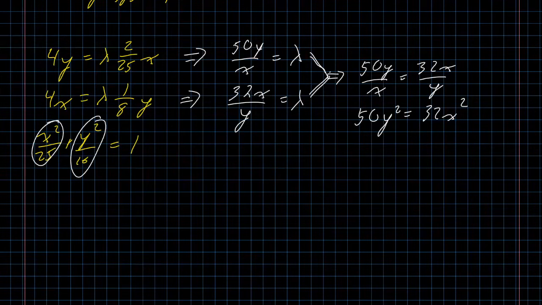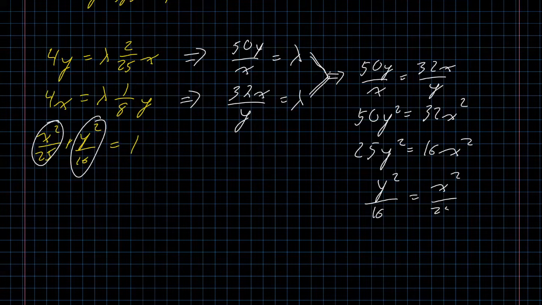If I divide both sides of this equation by both 25 and 32, notice here, divide by 2 first, actually. 25y squared is equal to 16x squared. y squared over 16 is equal to x squared over 25. The fact that both of those are exactly what shows up in that equation is kind of a coincidence, but also very useful. So just plug one in for the other.